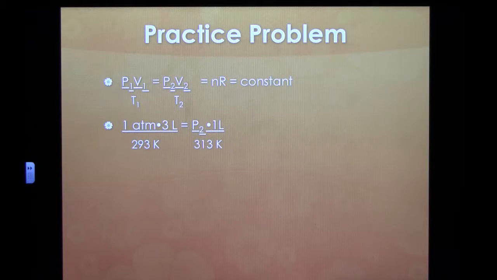But notice this temperature has to be in Kelvin because it's an absolute temperature. So we have 293 Kelvin. And we set that whole quantity equal to P2 because it's unknown, times V2, which is 1 liter, and then divide by T2, the absolute or Kelvin temperature, which is 313 Kelvin.